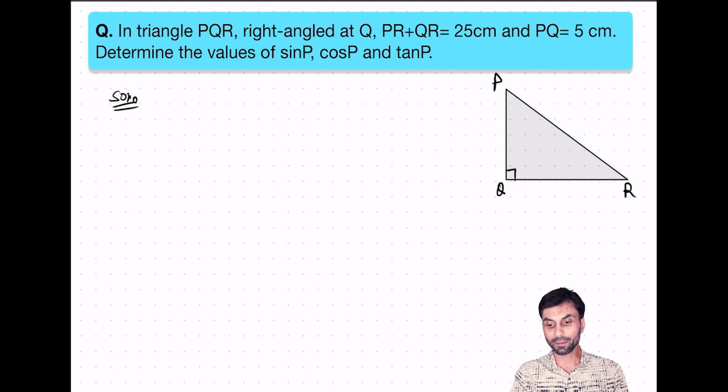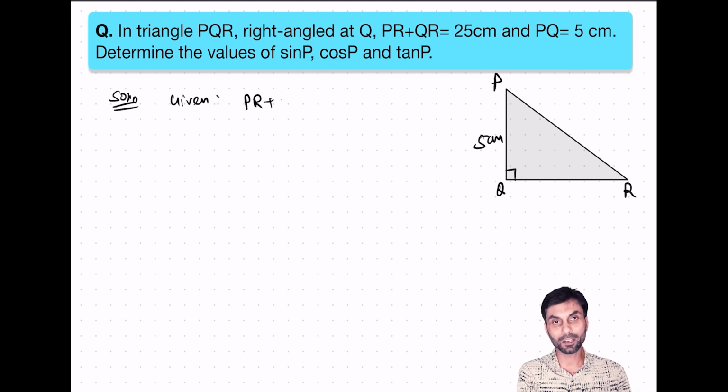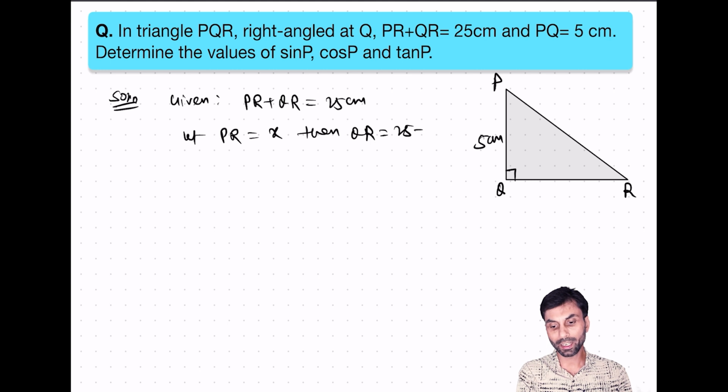Now here they have given that PQ is 5 cm, and in this case also it is given that PR plus QR is 25 cm. If we let PR equal X, then that means the value of QR will be 25 minus X.